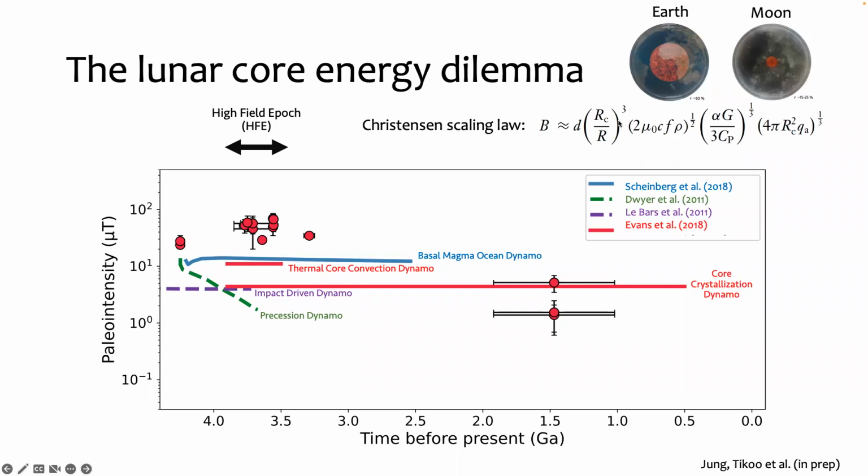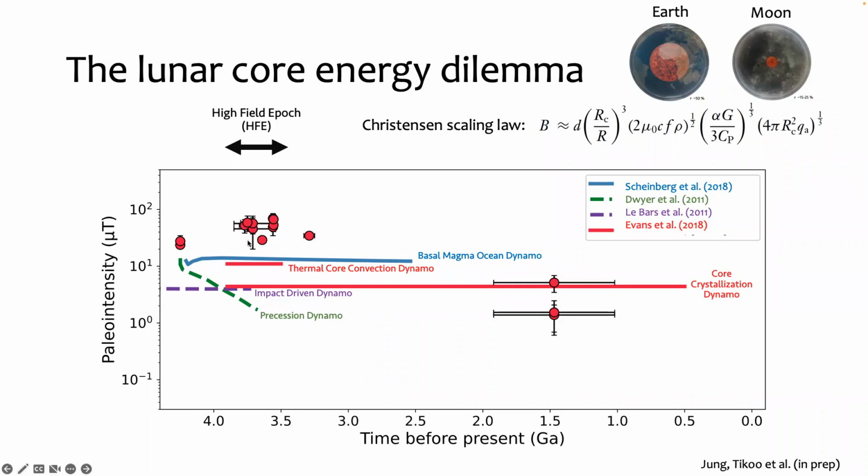The first one, the most important one, is that you need to have enough super adiabatic heat flux coming out of the core. And that is this Q sub A term. And the reason it's hard to produce a strong lunar magnetic field is that the field intensity depends on Q sub A to the 1/3 power. That means you have to cube Q sub A in order to see any appreciable change in possible field intensity.